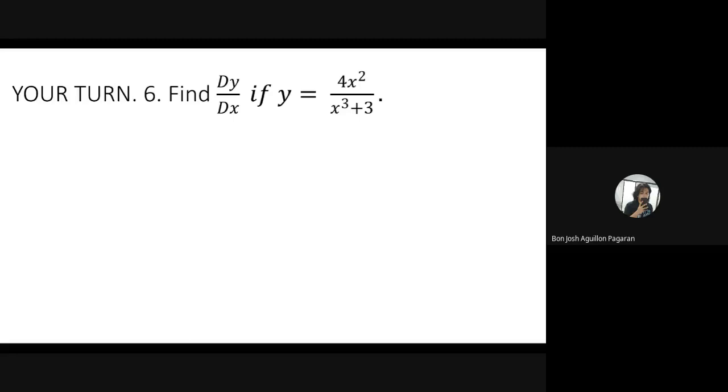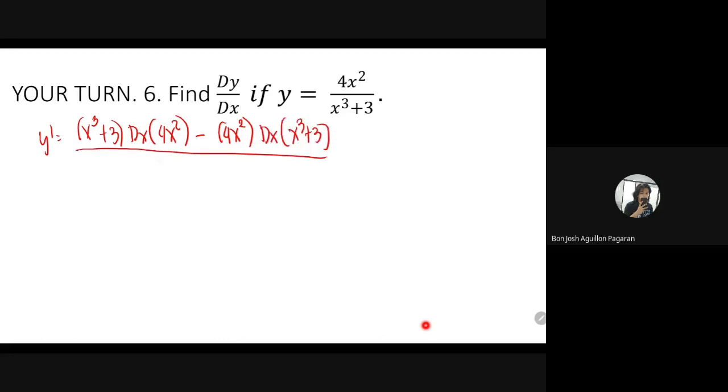So, let's try kasi we are running out of time, ano? The y prime there is denominator, which is x cubed plus 3, times the derivative of the numerator, or 8x, minus the numerator, and then multiplied by the derivative of the denominator, all over the denominator squared.